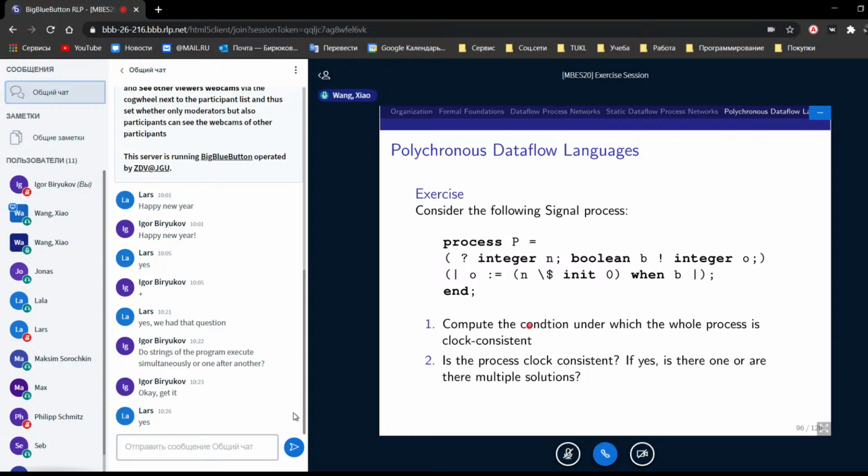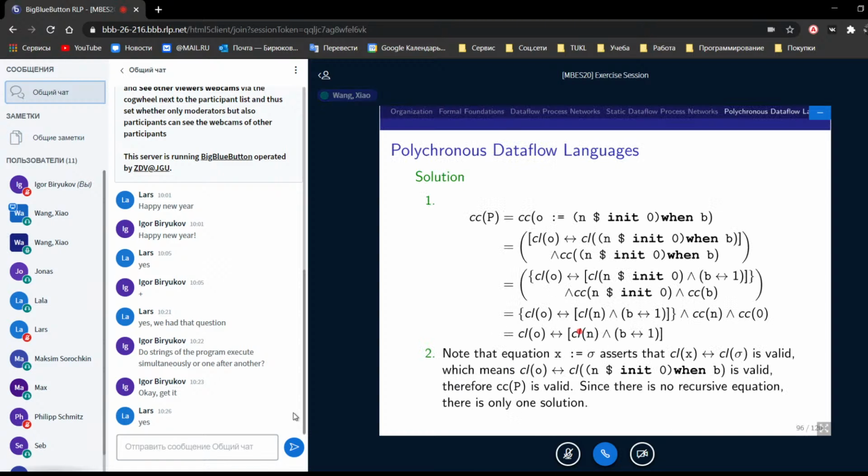So a lot of you computed the clock consistency condition of the right-hand side, but the right-hand side is not the entire process. Okay, the entire process is O equal to this. So you have to compute the clock consistency condition for this entire line, and not only the right-hand side of this line.